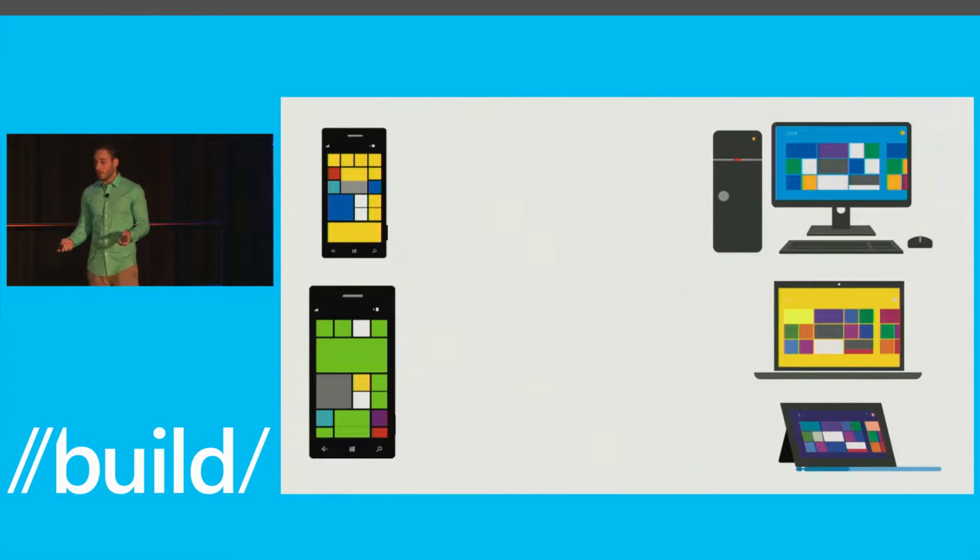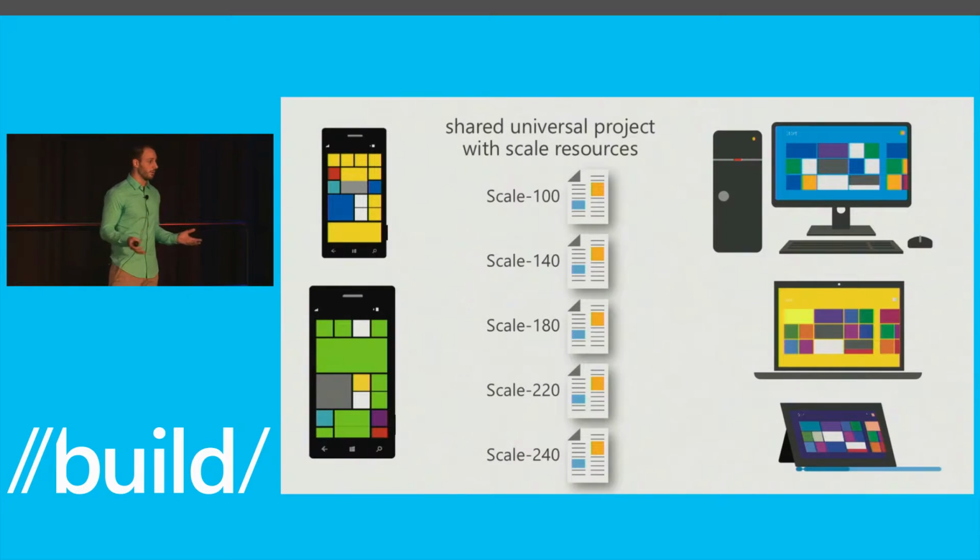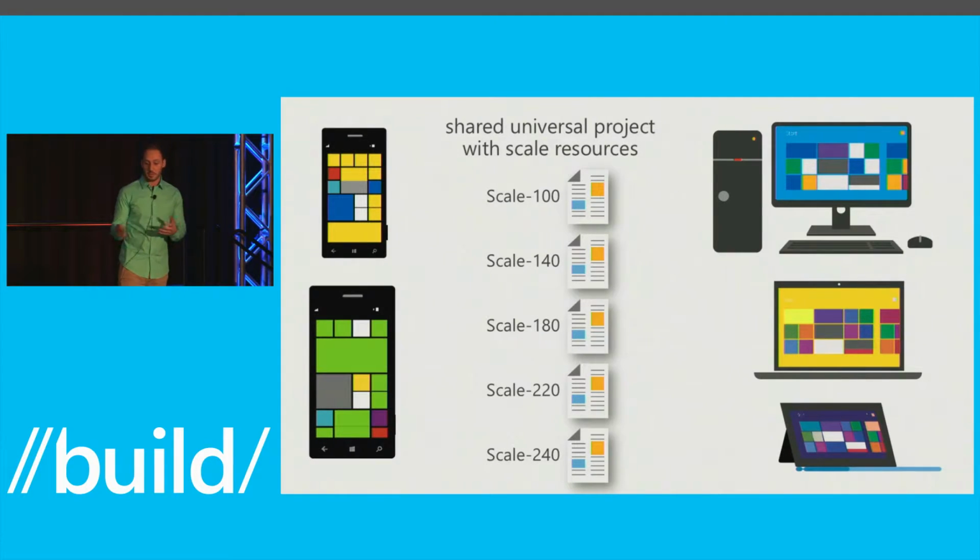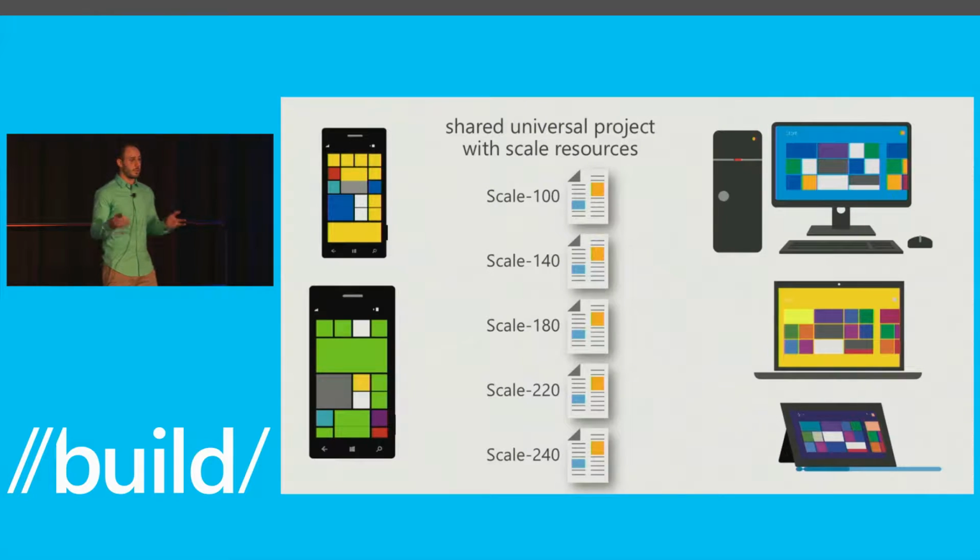With the Universal Project, you're able to create a single set of shared resources that go in your Universal Shared Project, and those shared resources can then be applied to each individual device they're applicable to. Basically, without the user ever knowing it, without you ever having to worry about it, you just provide these resources, and the Windows Phone 8.1 and Windows 8.1 OS does all this for you.